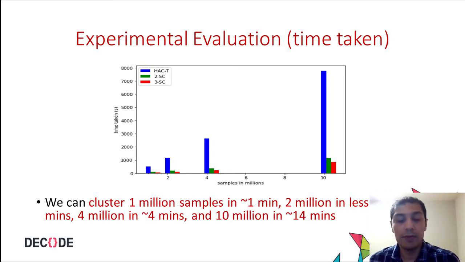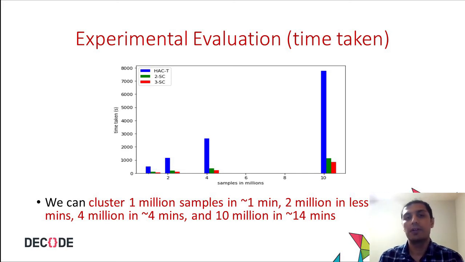We can cluster 1 million samples in just 1 minute using 3-stage clustering, 2 million in less than 2 minutes, 4 million in approximately 4 minutes, and 10 million in about 14 minutes. Note that there is a speedup of 9 to 12 times compared to our previous approach, which did not make use of stage clustering.